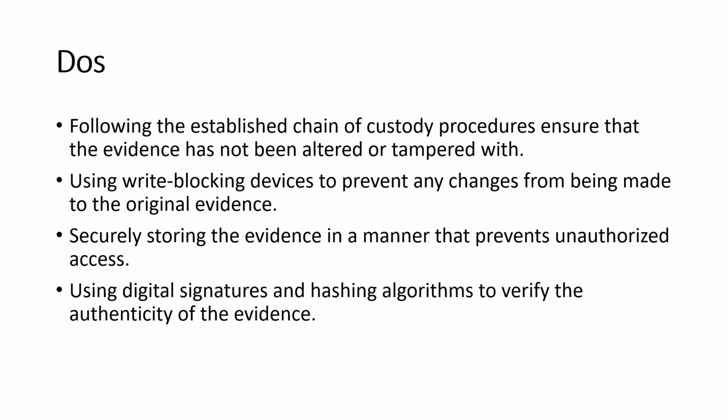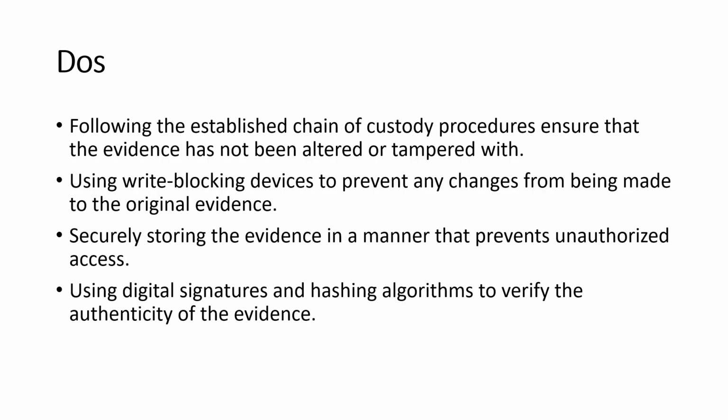First is following the established chain of custody procedures. We are coming to chain of custody later, but chain of custody means, if an evidence is collected, say for example, it is from my laptop. So when is it collected? By whom is it collected? So who has the custody of that evidence? A paper trail or information about that has to be maintained.